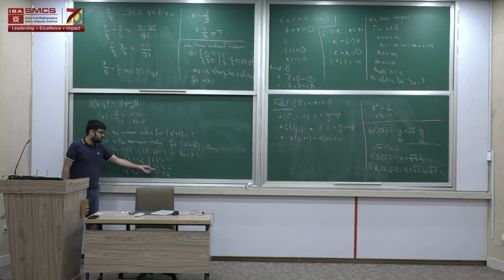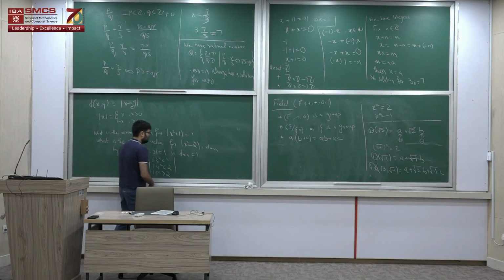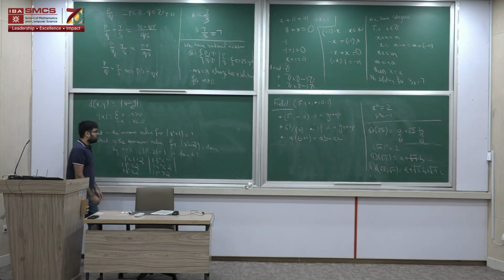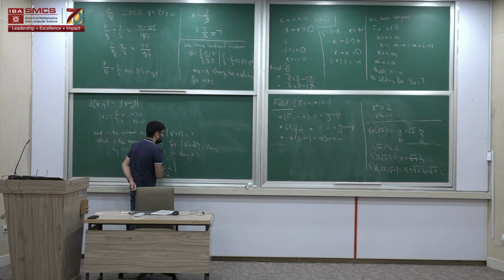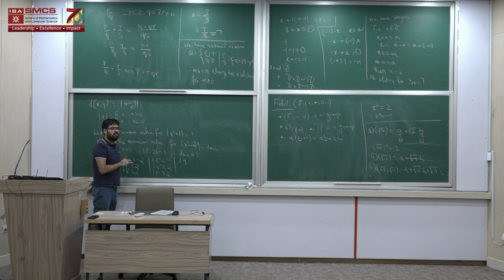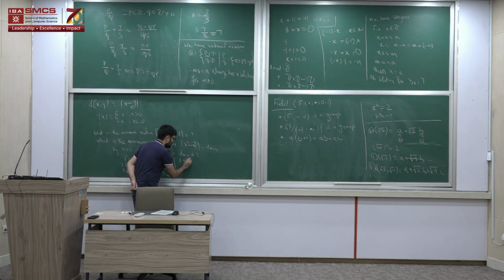So I stop here, I pick 1.4, and 1.4 square is 1.96.